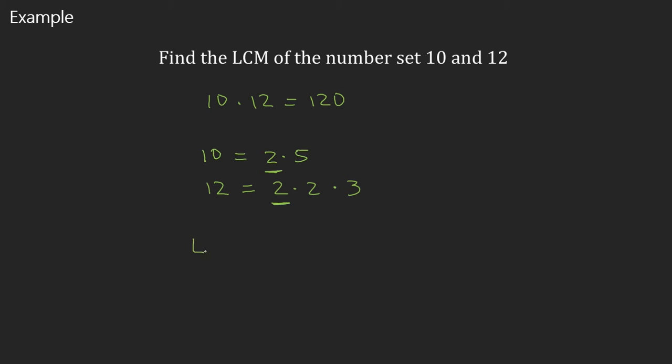So if we write the same shorthand notation for LCM on the numbers 10 and 12, that equals the 2, which is a common factor, multiplied by the 5 that comes from the 10, multiplied by the 2 that comes from the number 12, and then multiplied by the 3 that comes from the number 12. And this whole thing equals 60. And this is the least common multiple for 10 and 12.